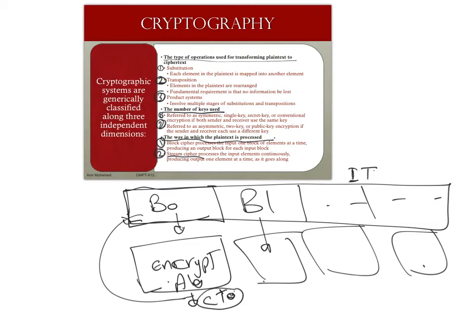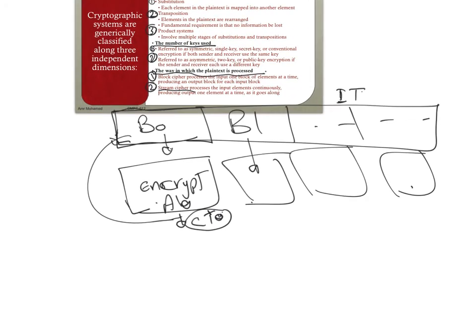For stream ciphers, it's a bit different. So what we do here is that we have an input text, and we have sort of a key.